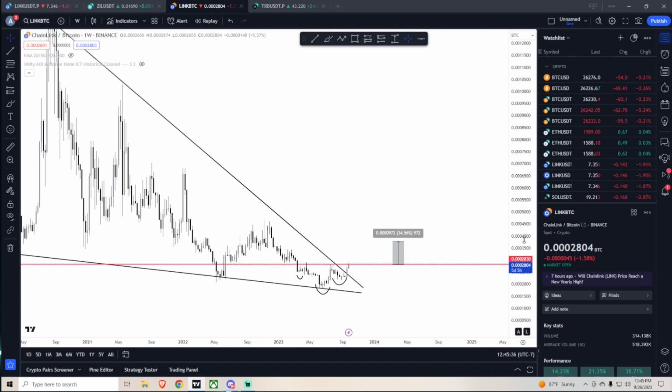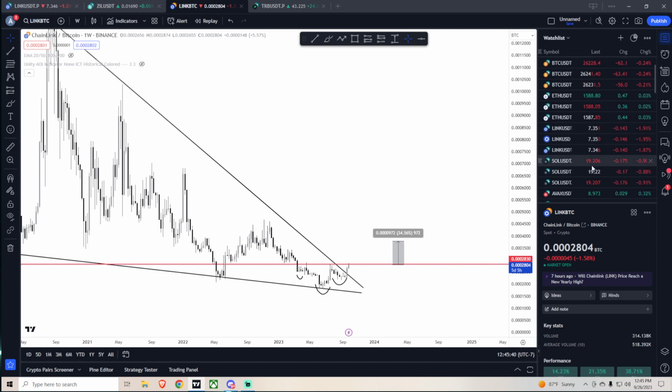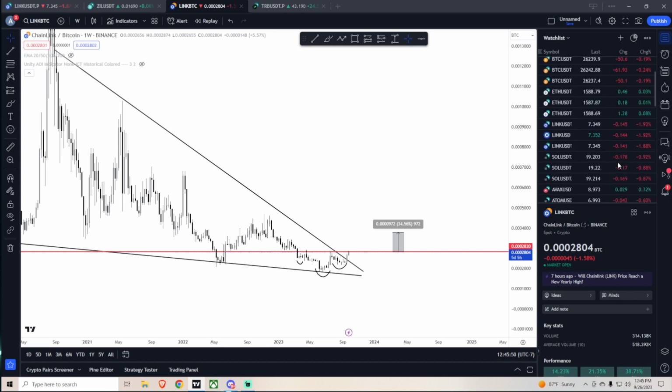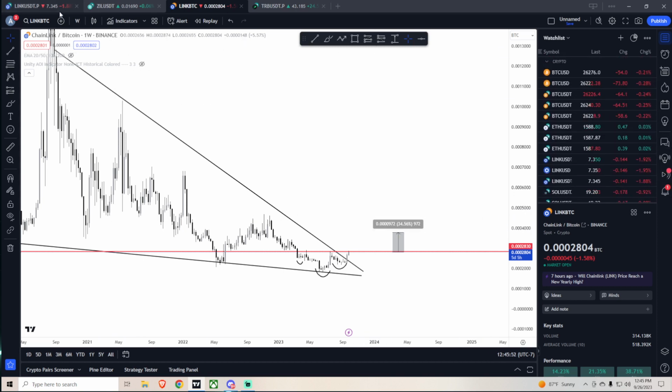This looks strong, whereas everything else looks weak. Sol's terrible, but Link is the only strong coin in my opinion right now that's holding well, besides TRB, because that's not a coin, it's just manipulation. But if Bitcoin decides to run, Link's going to run harder.